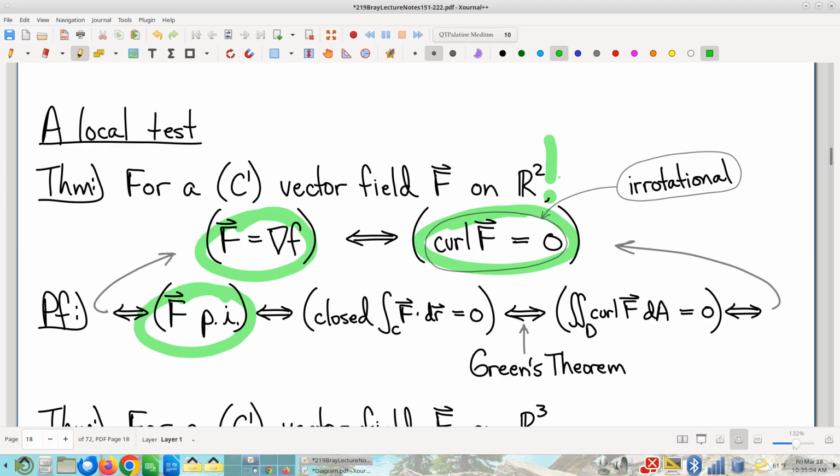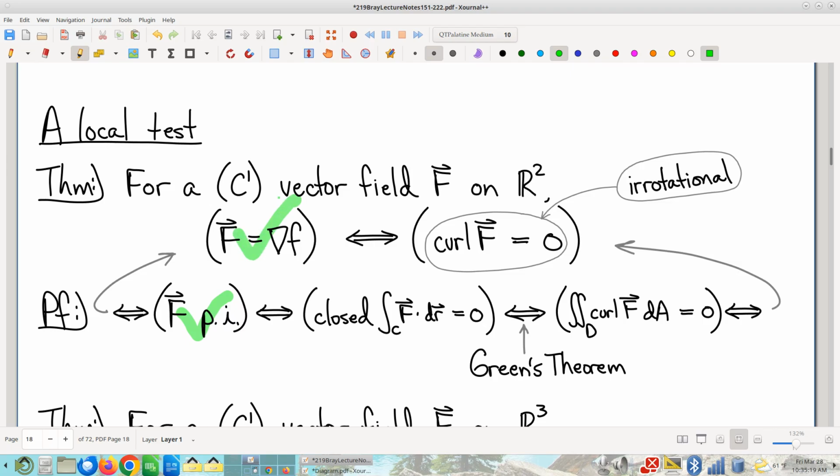What should we call a vector field that is path independent? I propose path independent. What should we call a vector field that is a gradient? I propose gradient. Some people like to say conservative. Okay, fine, but I feel like gradient was already a great choice. But anyway, I'll let that slide.